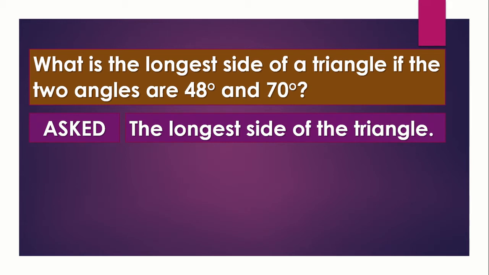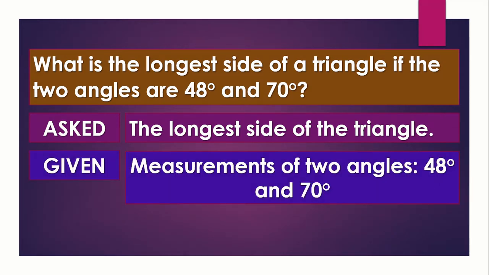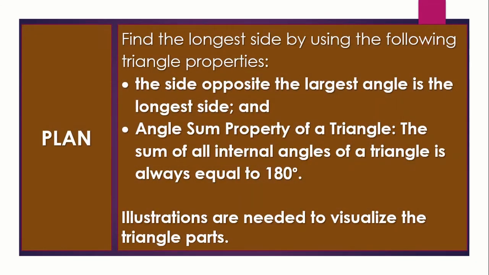What is asked? The longest side of the triangle. What are given? The measurements of the two angles, 48 degrees and 70 degrees. What is the plan? Find the longest side by using the following triangle properties.